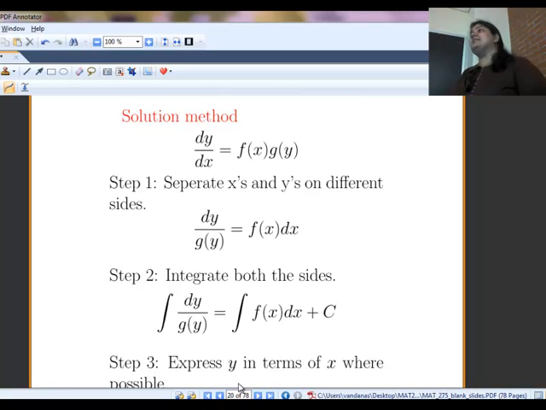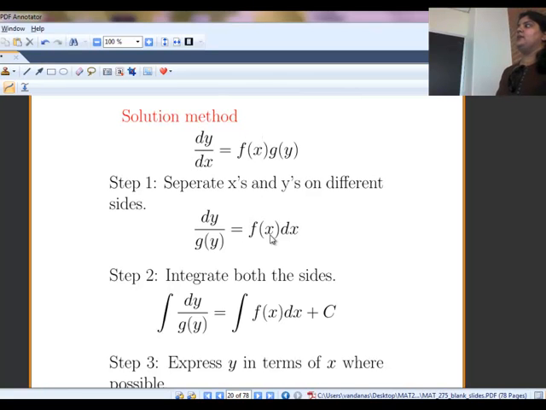Now, a solution existing is different from explicitly writing down a solution, right? I will come to all these details soon, but let's see this differential equation. dy over dx is f(x) g(y). So what will we do? We will separate it. dy we will combine with g(y), and f(x) we will combine with dx.